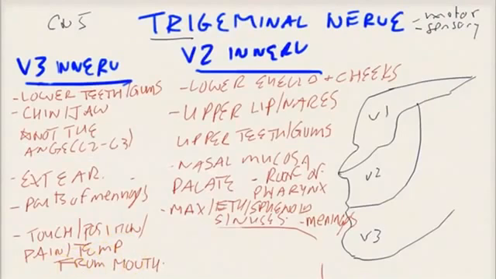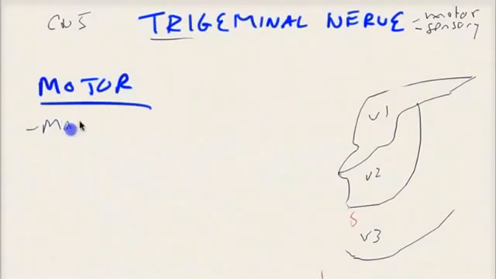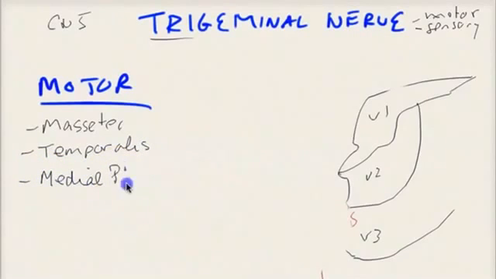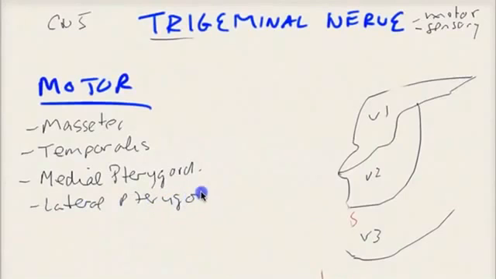Now, these muscles include the masseter, the temporalis, the medial pterygoid, and the lateral pterygoid. These 4 muscles are our muscles of mastication, which are innervated by this motor nerve.